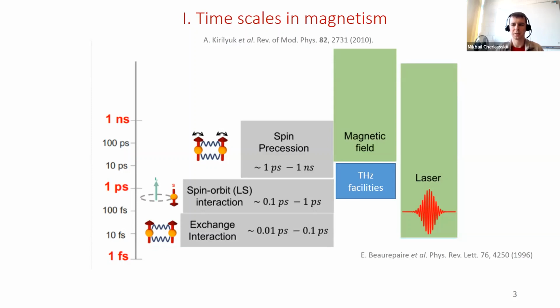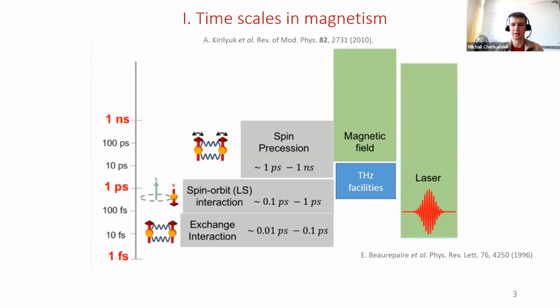Then if we employ a terahertz facility, we can probe spin-orbit interaction. And next, with laser pulses, one can investigate exchange interaction in ferromagnets and other magnetic materials.